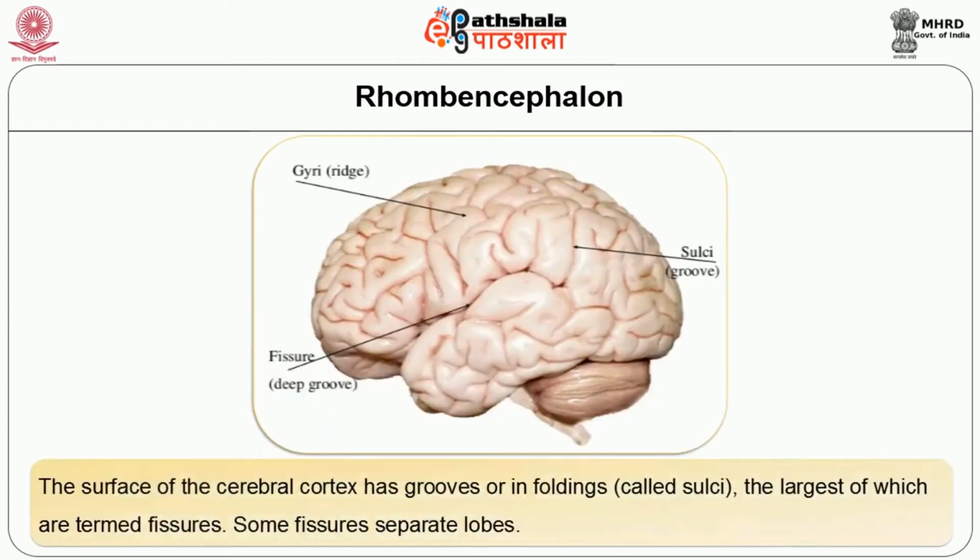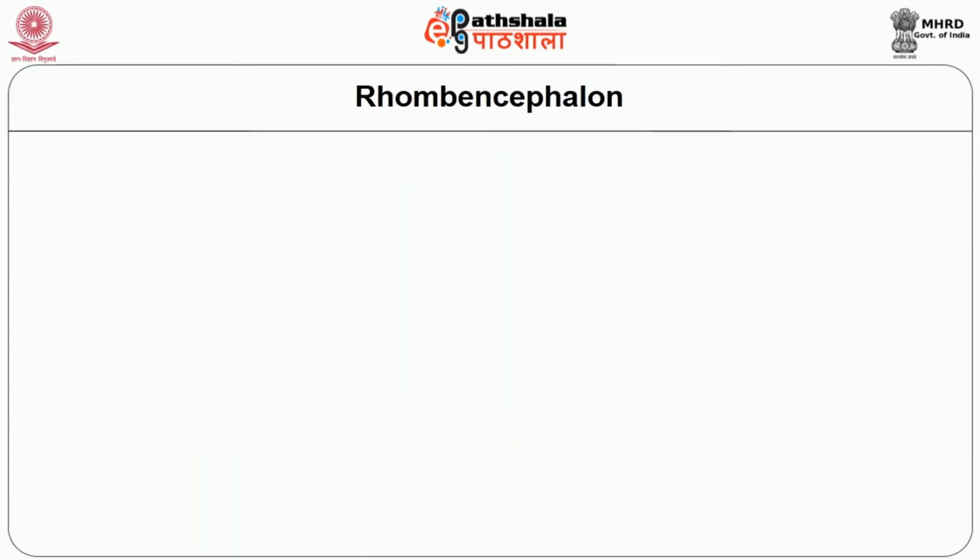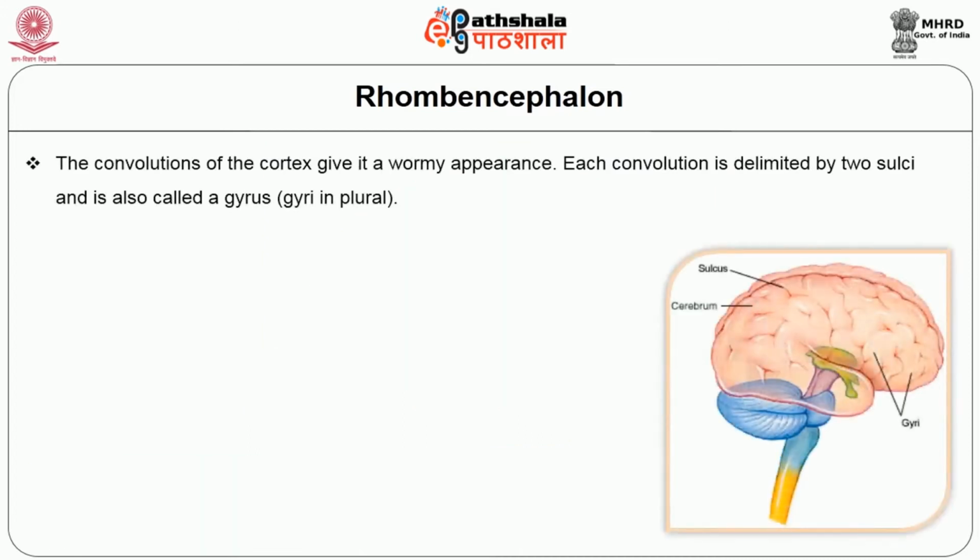The surface of the cerebral cortex has grooves or infoldings called sulci, the largest of which are termed fissures. Some fissures separate lobes. The convolutions of the cortex give it a wormy appearance. Each convolution is delimited by two sulci and is called a gyrus.